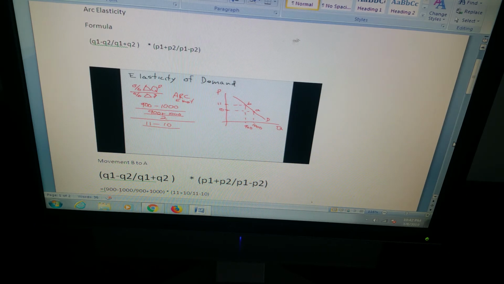This is the straightforward simple formula that we are going to use. In the first part of the formula, we are dealing with the quantities. In the second part of the formula, we're dealing with the price. All right. We always start with 1.